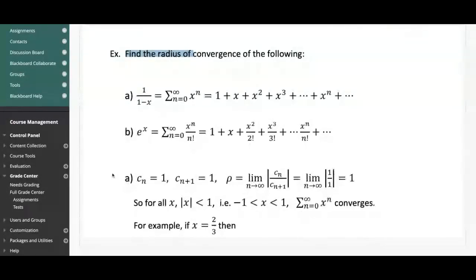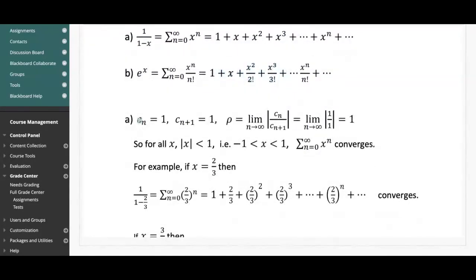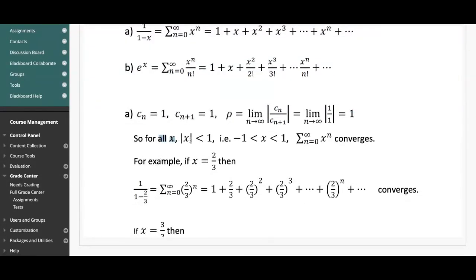We want to find the radius of convergence for the following. So 1 over 1 minus x, that's this series, and e to the x, this series. For this one Cn equals 1, Cn plus 1 equals 1. And rho, the limit of the ratio, remember this is the ratio test, right? Which is 1. So for all x, absolute value of x less than 1, the interval of convergence goes from -1 to 1, right?